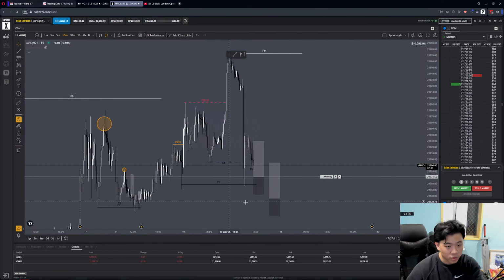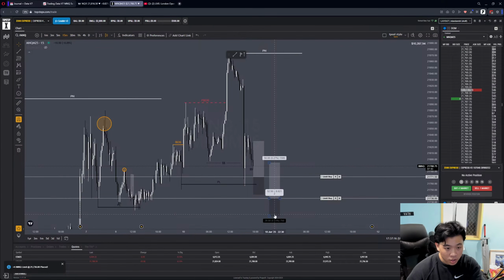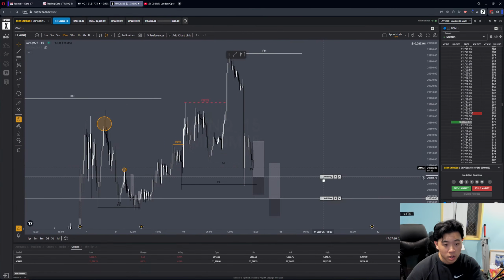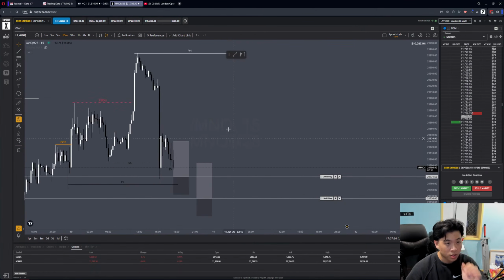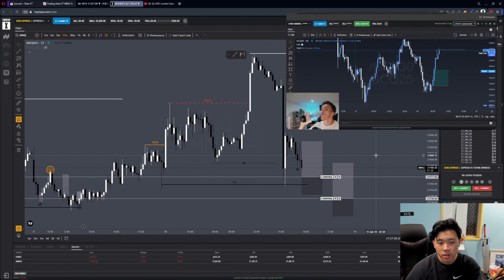Actually, this one is more valid 15-minute protected structure setup. So I'm just going to do a limit buy 4 there. Okay, that's both valid for me. If it gets closed out, then this one will be another suitable option, and I like that. Okay, and then we can have this guy on another screen.